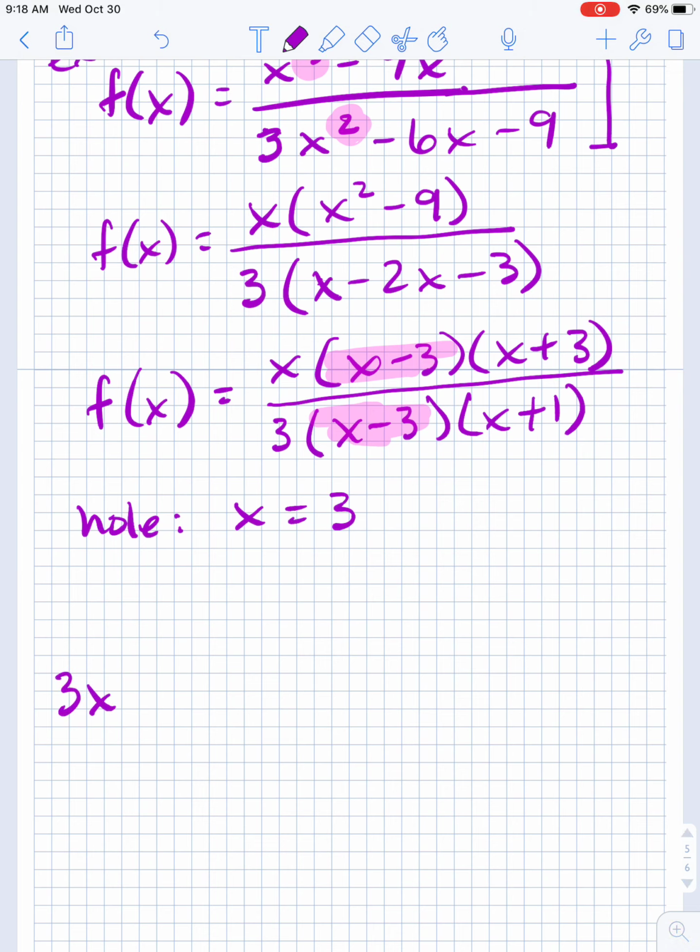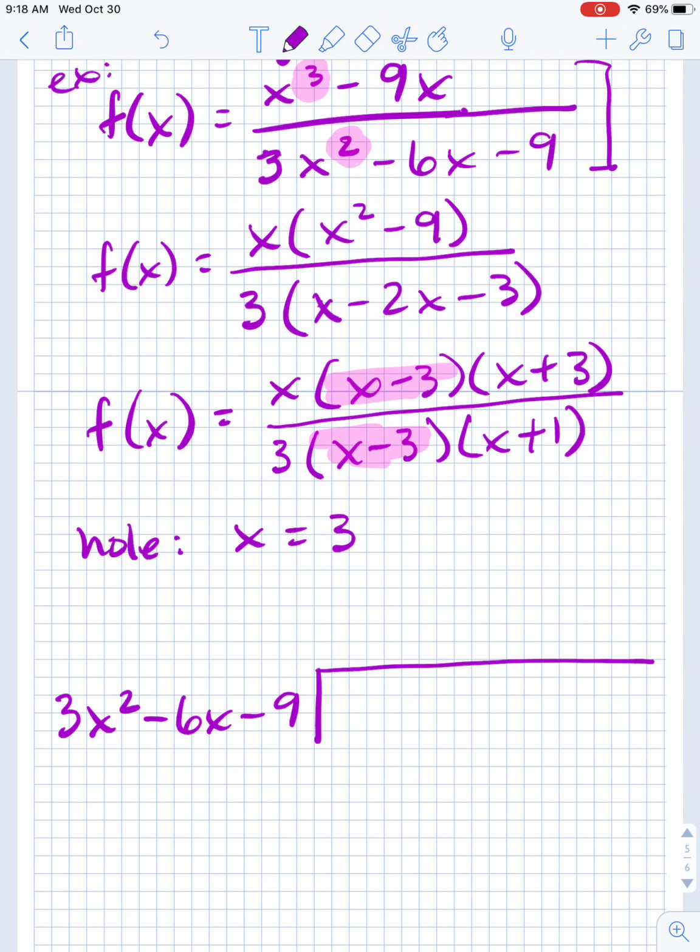I have 3x squared minus 6x minus 9 dividing into x cubed minus 9x. So I'm going to put in the things that are missing so that I can divide this properly, putting in my zeros for the missing terms.